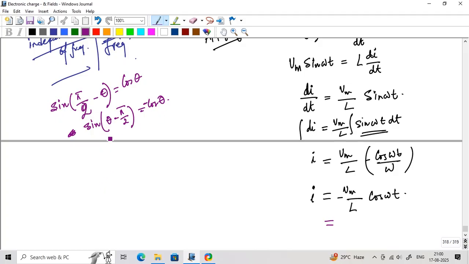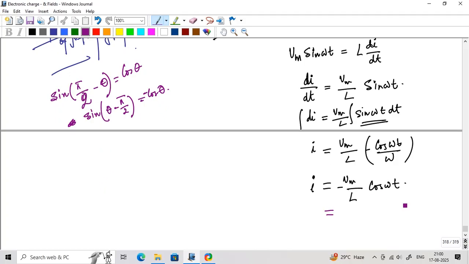Now, here is omega obviously: Vm by omega L, and this minus cos omega t is replaced by plus sine (omega t minus pi by 2).